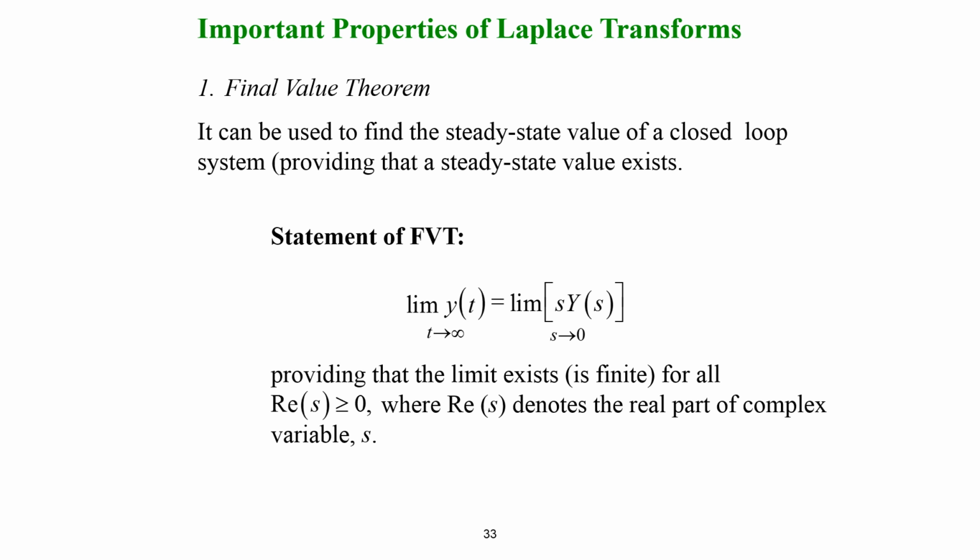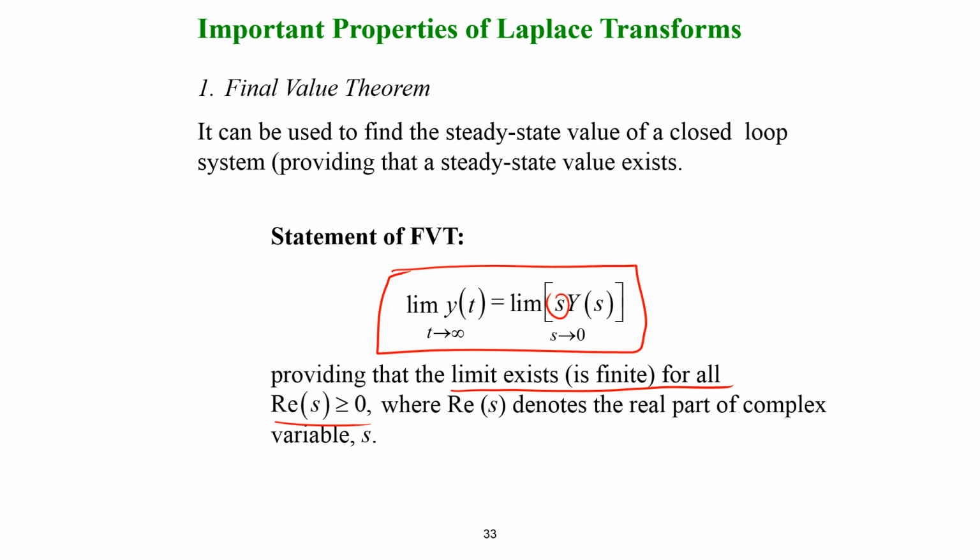Okay, so here are a couple important properties of Laplace transforms. You can find the steady state value, and as I mentioned, this is the final value theorem. Okay, so the limit as t goes to infinity is going to be if you multiply by s and have s goes to 0, and providing that the limit exists.